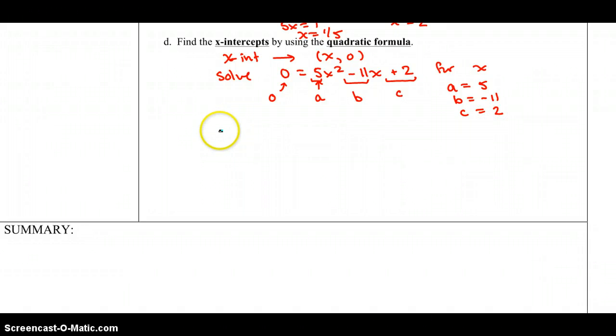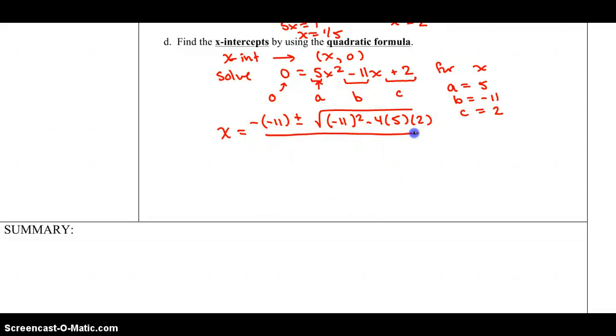So now if we plug in our formula, we've got x equals the opposite of b plus and minus the square root. Again, before we substitute for variable, we're going to put parentheses just like we did here, so b squared minus 4ac all over 2a.